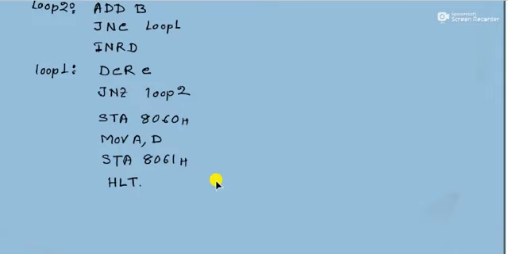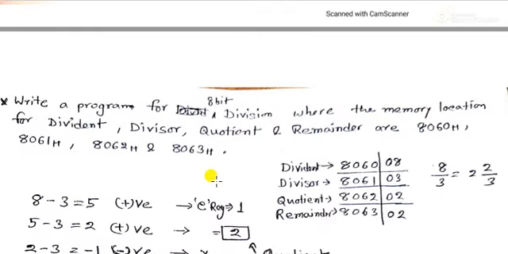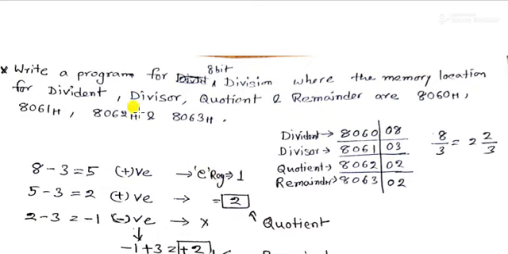Now come to the second program. Write a program for division of 8-bit numbers, where the memory locations of dividend, divisor, quotient and remainder are 8060, 8061, 8062 and 8063.